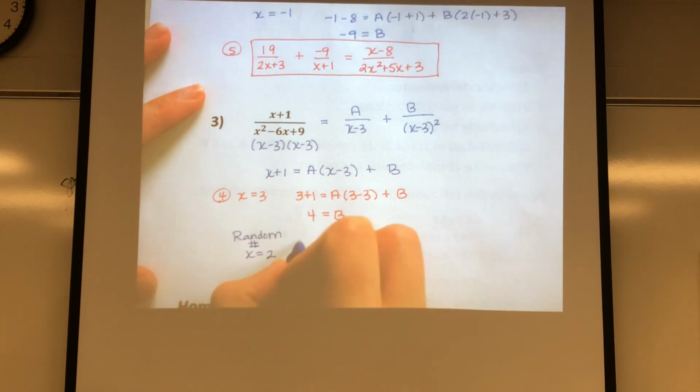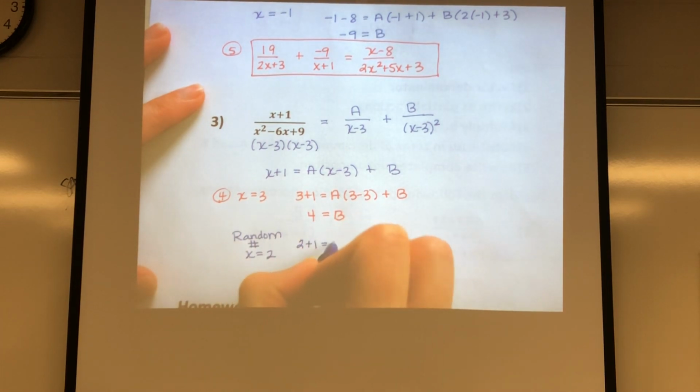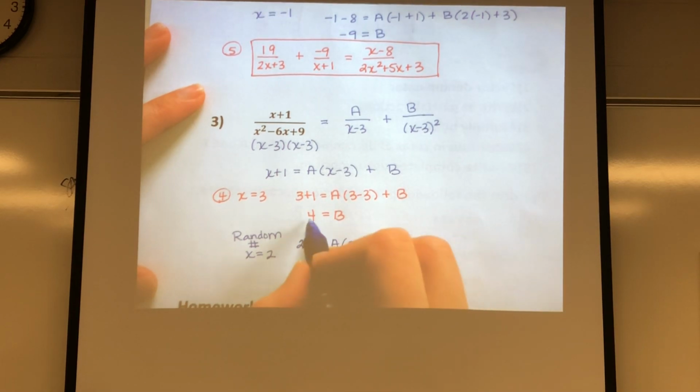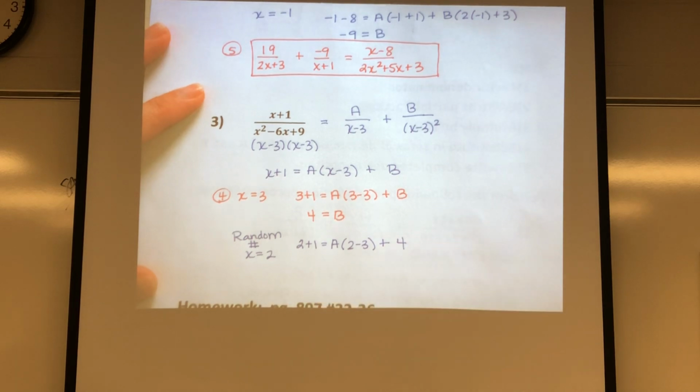So if I put 2 in, 2 plus 1 equals A times 2 minus 3 plus, I know B is 4, so I'm going to substitute 4 in for B. Comes from right there. So I have 3 equals, looks like a negative A plus 4. I'll subtract the 4 to get negative 1 equals negative A. So A is going to equal a positive 1.